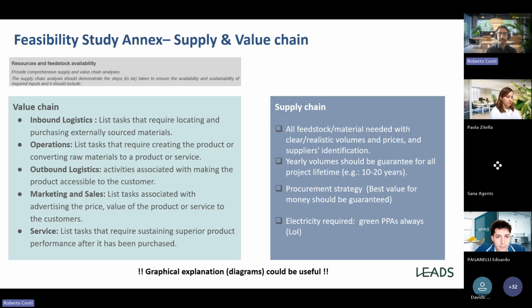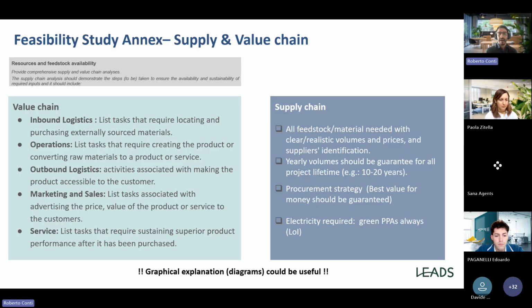So if your project needs feedstock as input, you should demonstrate that you already have preliminary agreements with suppliers for a realistic volume, with not already decided prices, but you have an idea about the volume and the prices.